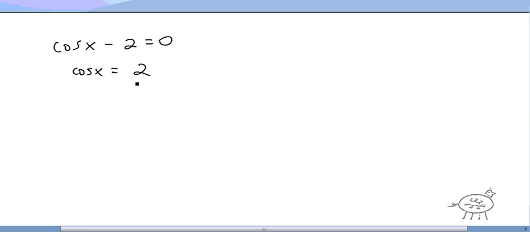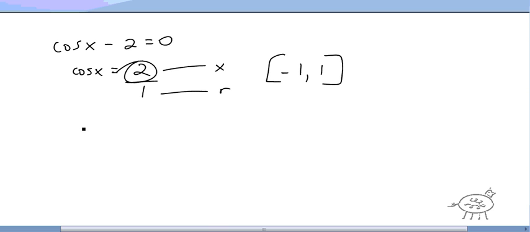Well, you guys should realize that's a ratio. Okay, and this is your x value, and this is your r value. That's impossible. Remember, for the values of what cosine can be, it can be between -1 and +1, including that. So this one is no solution.